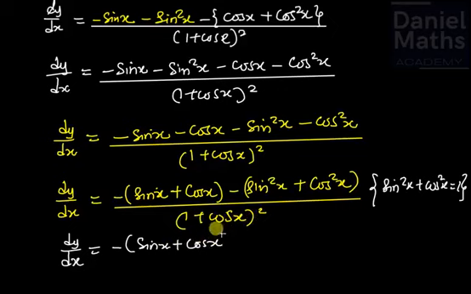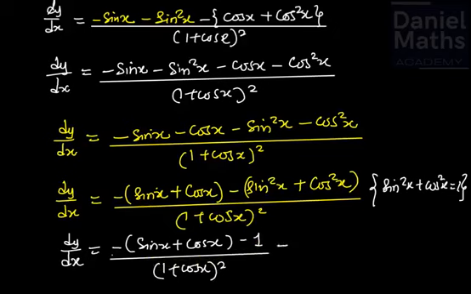And this will give me minus 1, okay, minus 1, all of this minus 1, and then all of this is being divided by what? So minus 1, and then all of this is being divided by 1 plus cos x, all squared. So I could go further to simplify this.